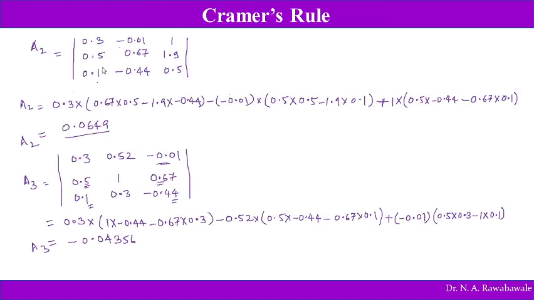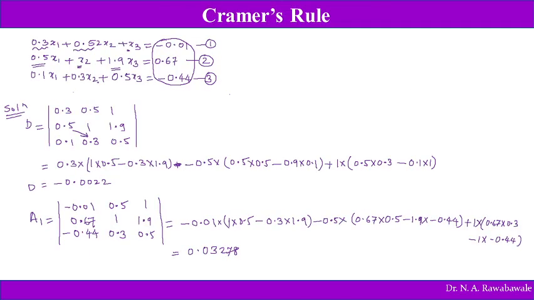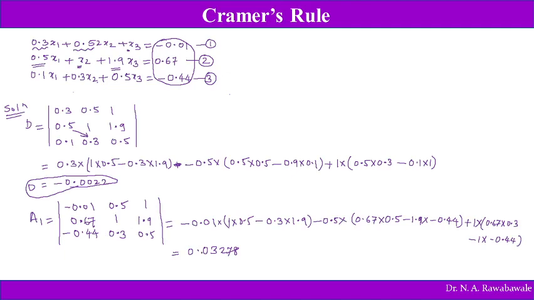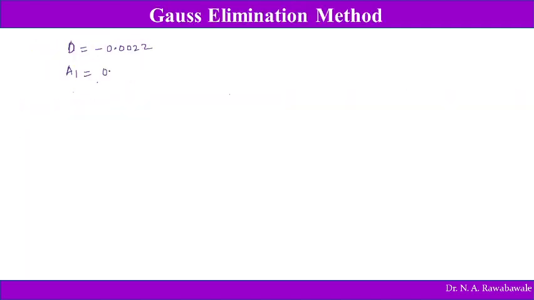Now we'll collect this information. The value of determinant D we obtained as minus 0.0022. Then we obtained A1, whose value was 0.03278.